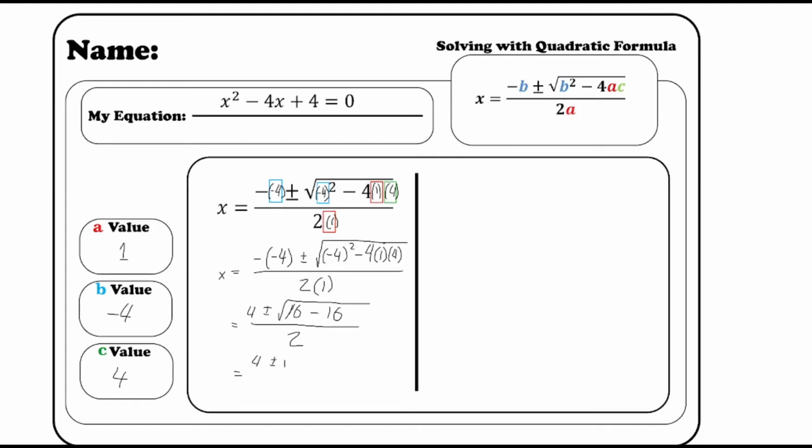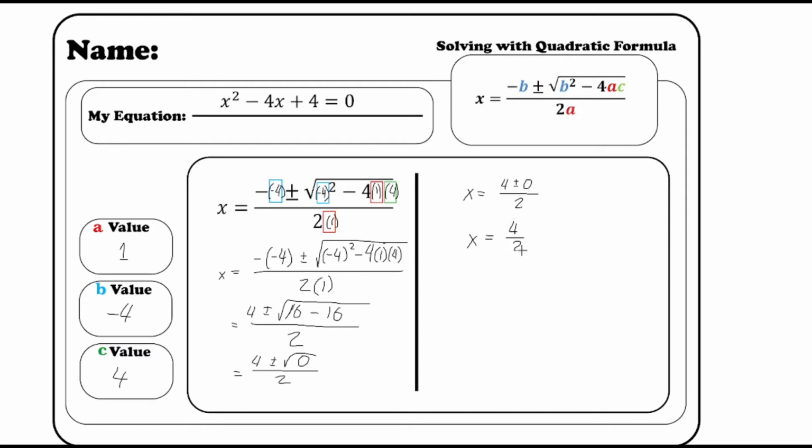So, continue natin. So, 4 plus minus the square root of 0 all over 2. Okay? So, we have x is equal to 4 plus minus 0 all over 2. So, since 0 yung number after the plus minus, mapapansin nyo, that will give us the same number lang on the numerator.